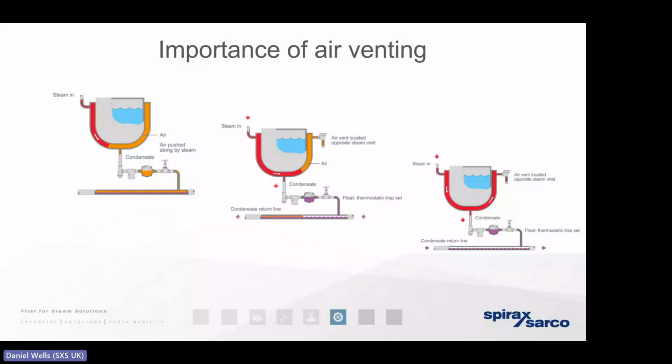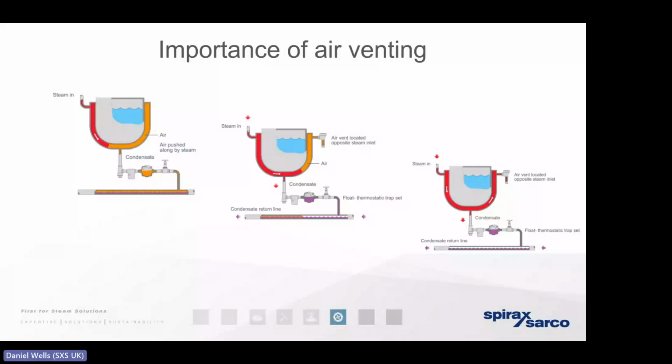So if we fit an air vent at the high point, it means that not only is the steam trap capable of venting air from the low point, but it's also preventing that heat exchanger from air locking. Like I say, we want to think about air venting at the same time as we do steam trapping, but it means that we also need to allow for the air to be vented away from different parts of the heat exchanger.